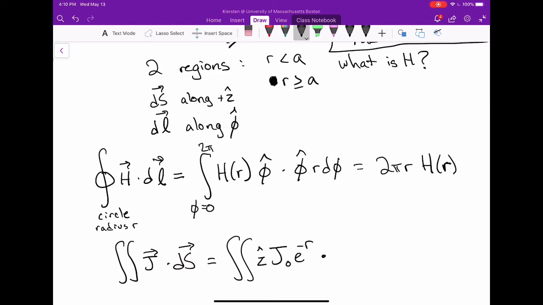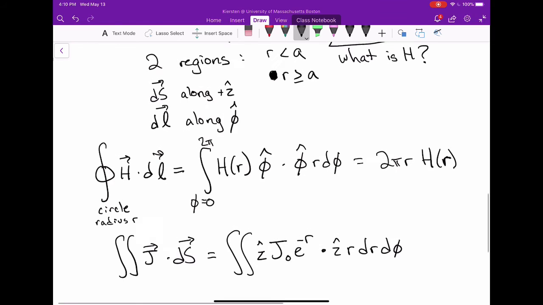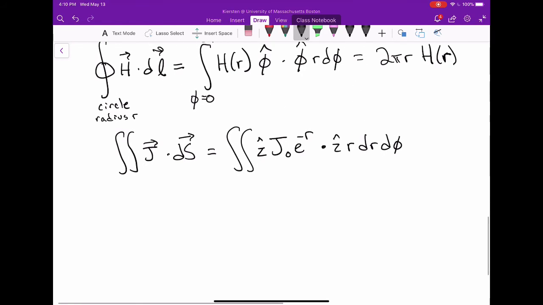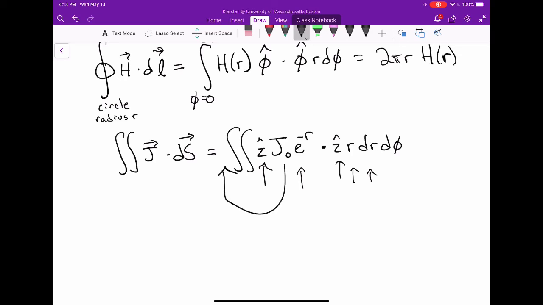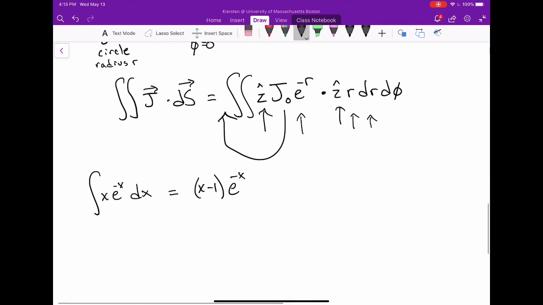The differential surface element is going to be z hat r dr d phi. I'm going to tell you a fact right now, and that's that the integral of x e to the minus x dx is equal to minus x minus 1 e to the minus x. You can work this out yourself using the product rule for integrals. But I don't really want to do it right now because I'm trying to save time.